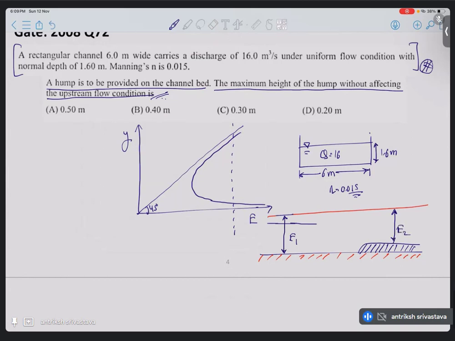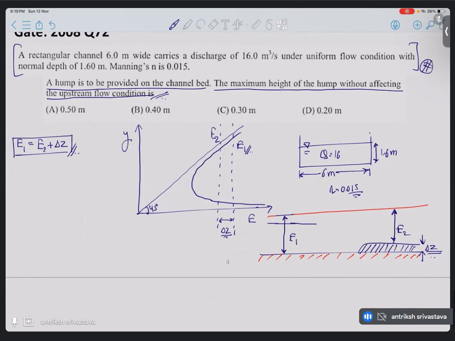And the difference between E1 and E2 is going to be delta Z. So the relation that we have to remember when we are giving a hump in the channel is that E1 is equal to E2 plus delta Z. So this is our E1 in our Y versus E graph, at some stage. Then when we give a hump, we reduce the specific energy by delta Z. So this is our E2, and this is delta Z.